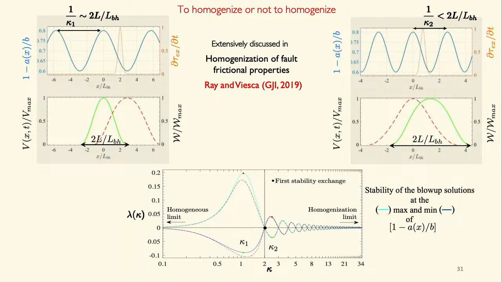Your one length scale that you are supplying from outside is matching with the intrinsic length scale which is already present in the system. So you get a peak in the stability separations, and when that length scale separates from the elastofrictional length scales, then you get the homogenization conditions.